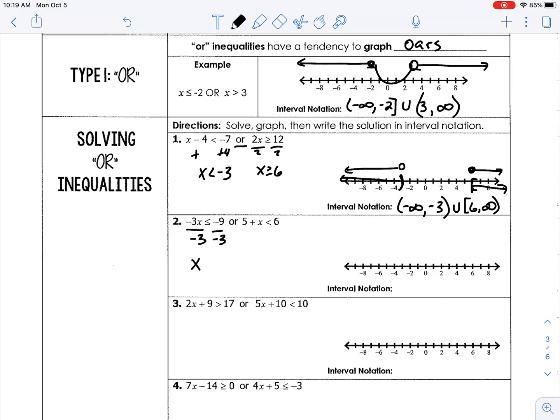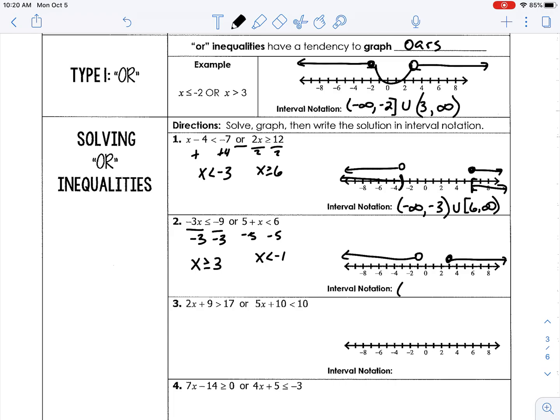I divided by a -3, so we do have to pay attention that we're going to change that inequality sign, so x is greater than 3. When we subtract the 5 over, we get x is less than -1. Now it's just paying attention to your open and closed circles. So we have 3, and we're going to go greater than. We have -1, and we're going to go less than.